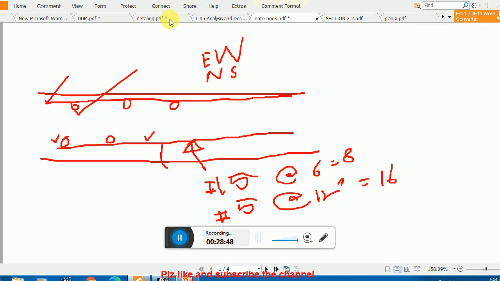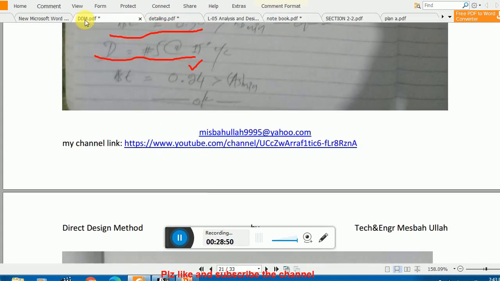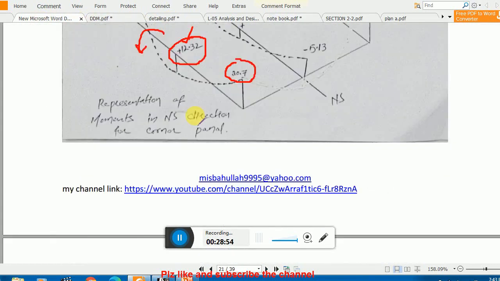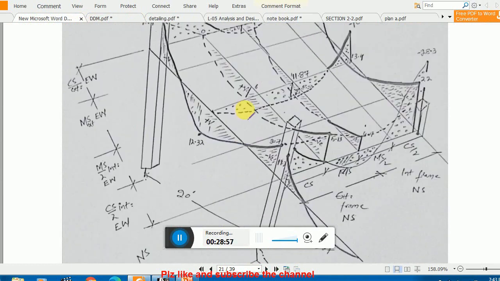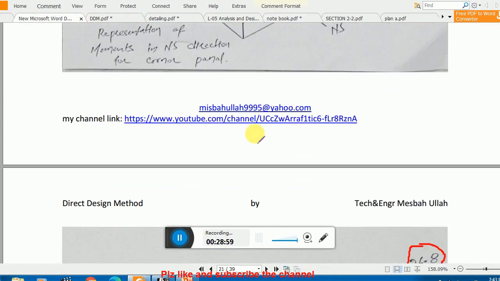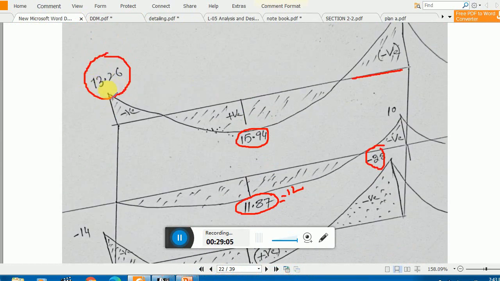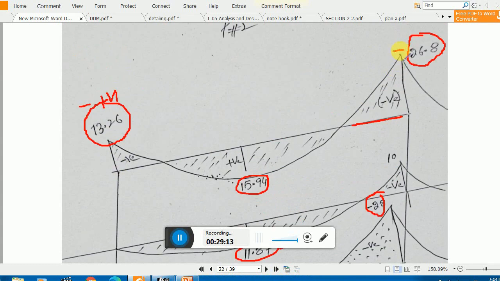So we start from the corner column, and let me check my moments. Here I have moments, you see the negative moments. Now this is north south, but I did the calculation for the east west direction. So in the first corner column the negative moment is negative 14, and similarly here this is minus 28.